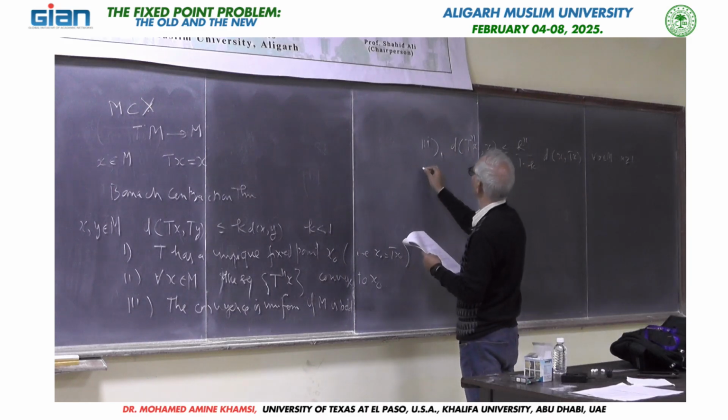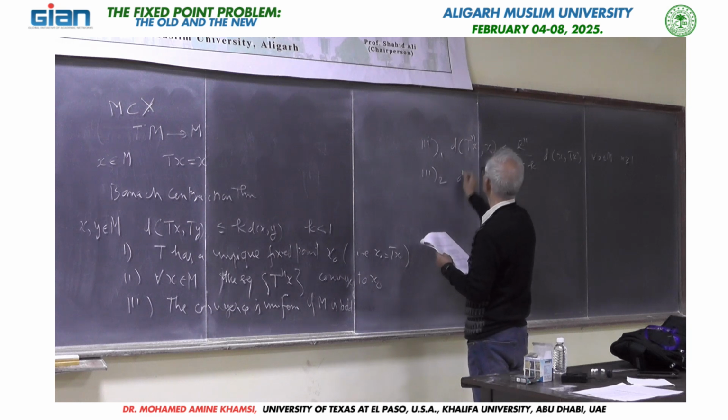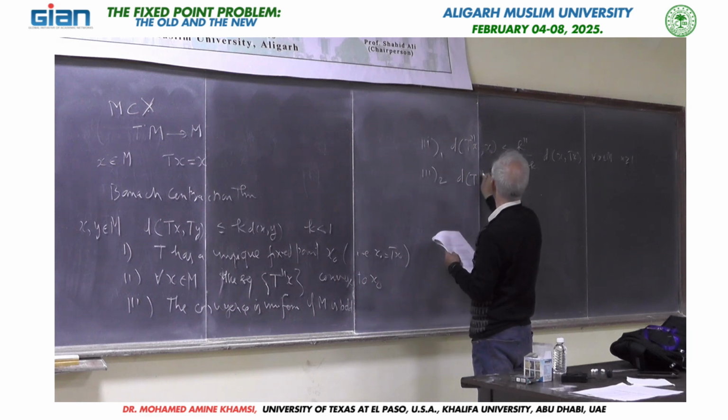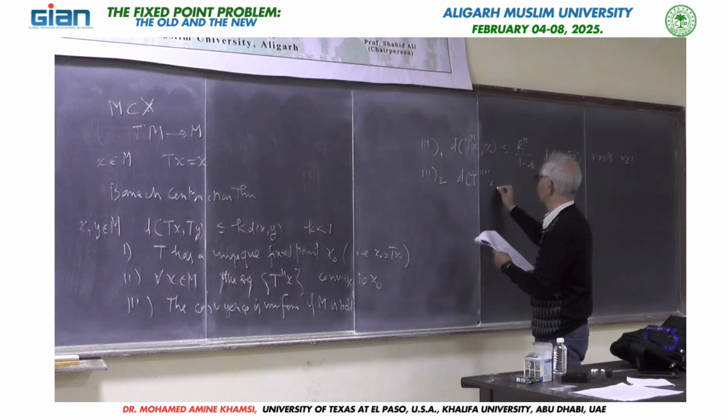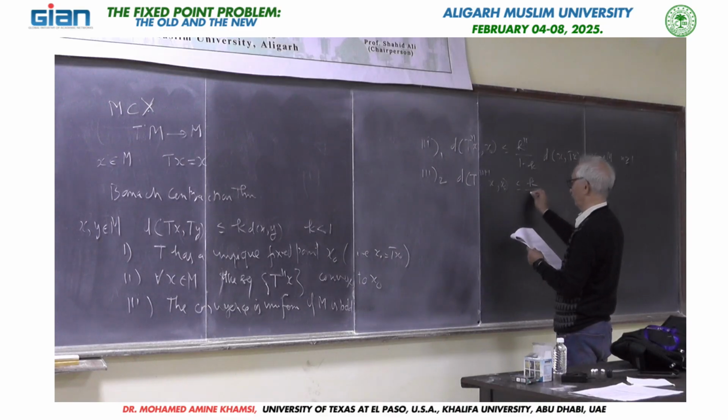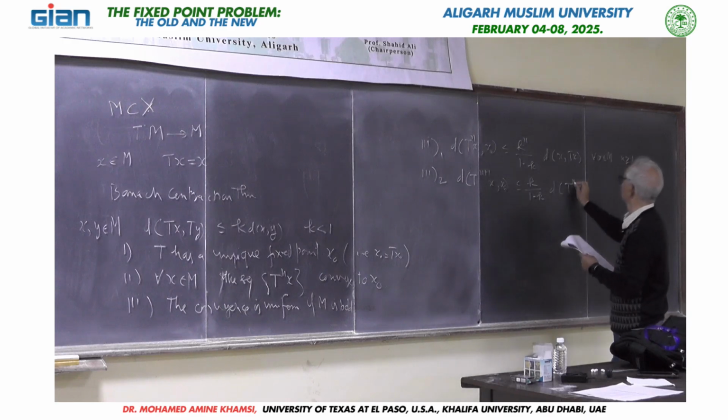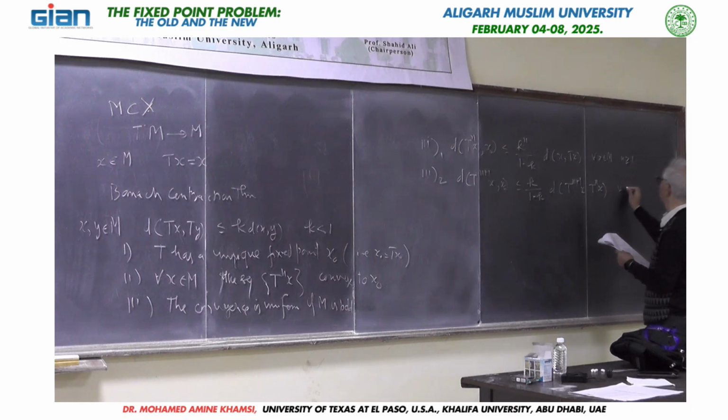And also the second, that d of T^(n+1) x, x0 is less than or equal to k over 1 minus k times d of T^(n+1) x, T^n x, again for each x in M and n greater than or equal to 1.